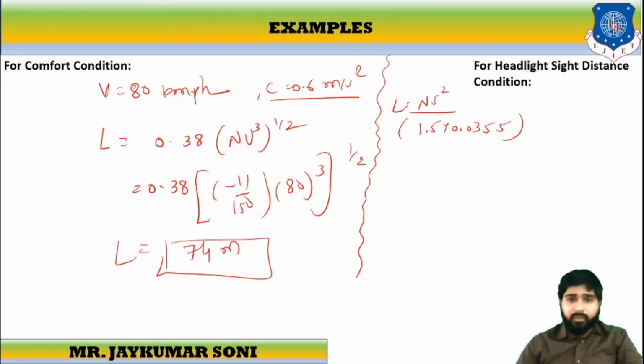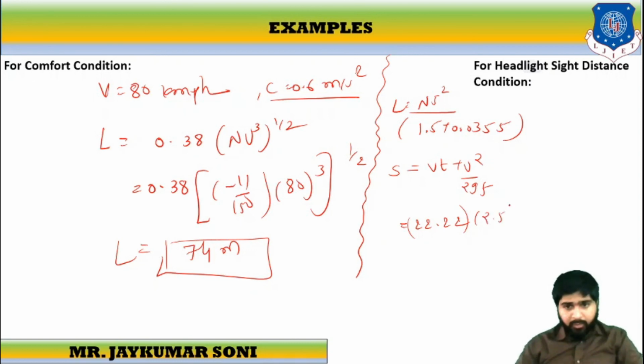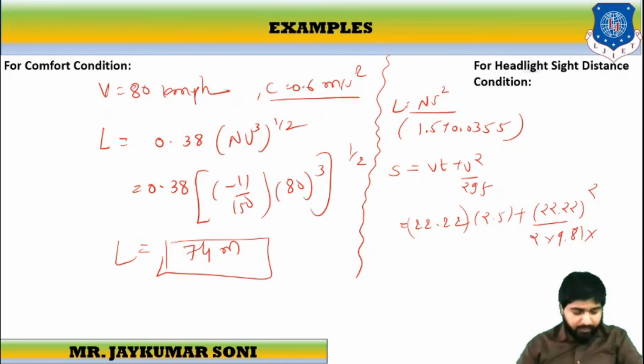So what we will do, we will calculate the value of S. Vt plus V square by 2gf. We will take the value of V as 22.22, if we convert the 80 kmph by 3.6. We'll consider the value of T as 2.5 according to IRC criteria. 22.22 whole square by 2 into 9.81 into F, and let us take the value of F as 0.35.